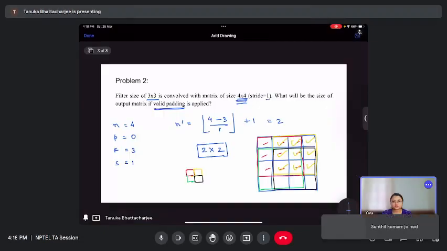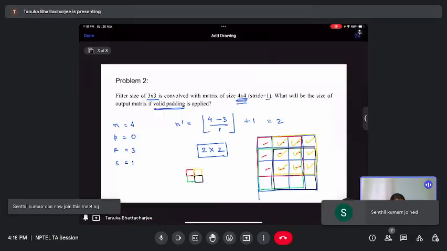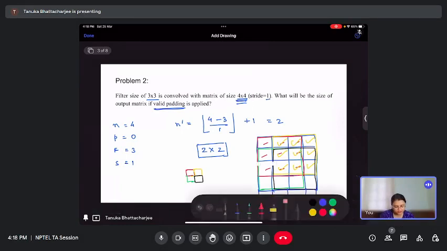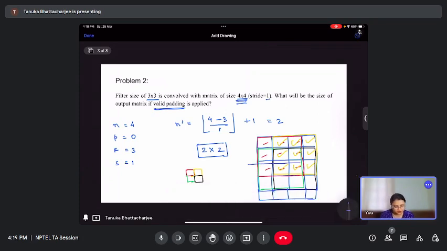If you had one more row here in the matrix, then in the next step you would have moved the filter here and got the value over here. But if it is a 1D array, you are doing 1D convolution, then there is no vertical movement involved, only you will have to move along the horizontal direction.